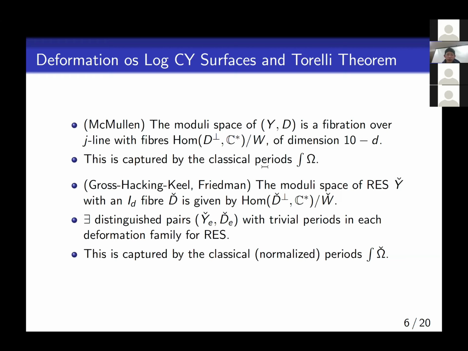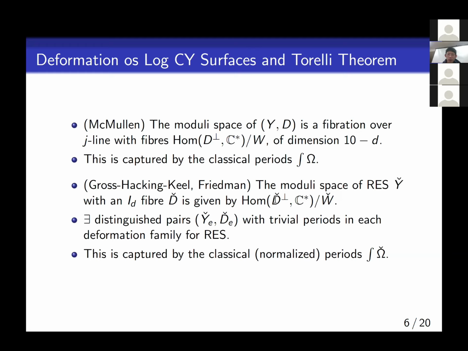On the rational elliptic surface side, there is the work of Gross, Hacking, and Friedman. They study the moduli space of rational surfaces with an I_d fiber, and this moduli space is similar.